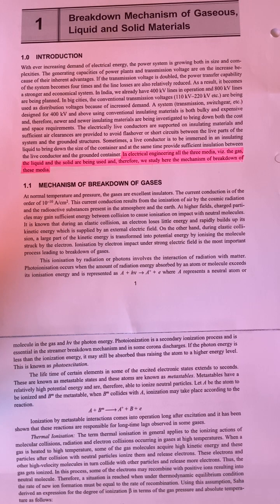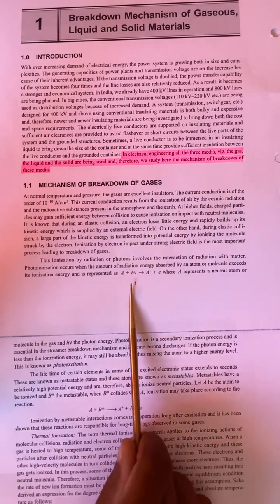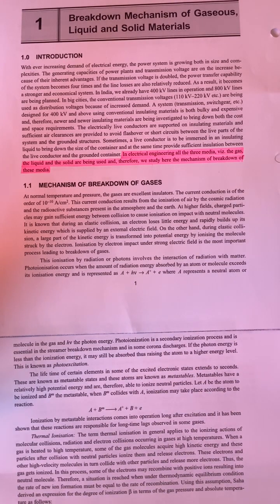So now we say if the photon energy, what is the photon energy? HV. So if HV is less than the ionization energy, where does this ionization energy come from? Let's assume that this ionization energy comes from an external source.